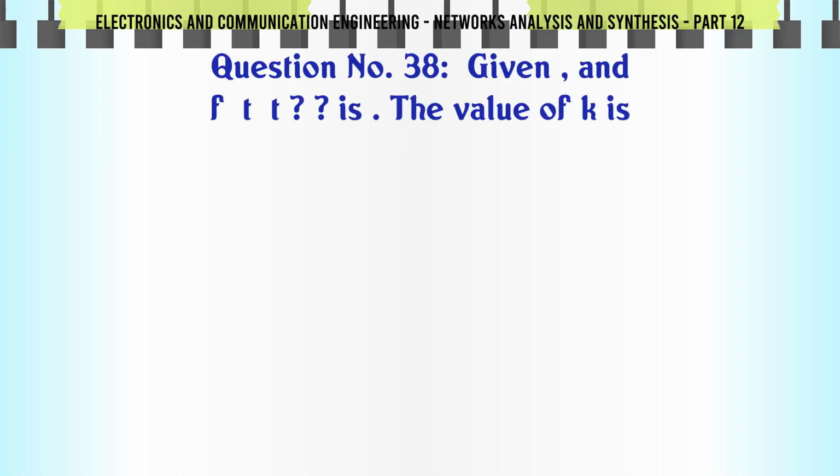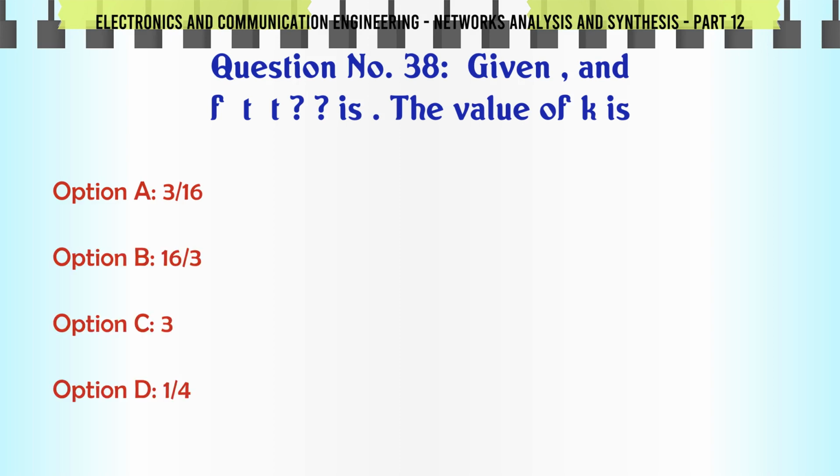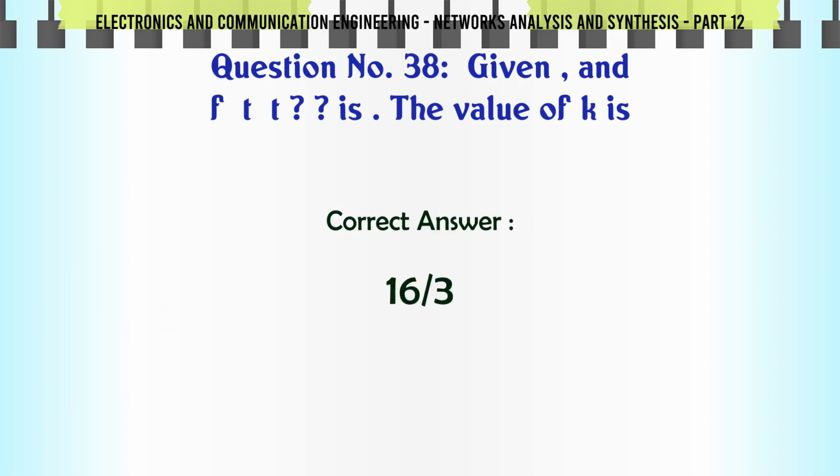Given F(t) ..., the value of K is A) 3/16, B) 16/3, C) 3, D) 1/4. The correct answer is 16.3.